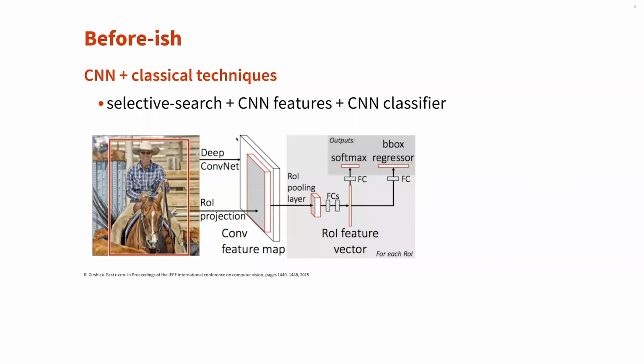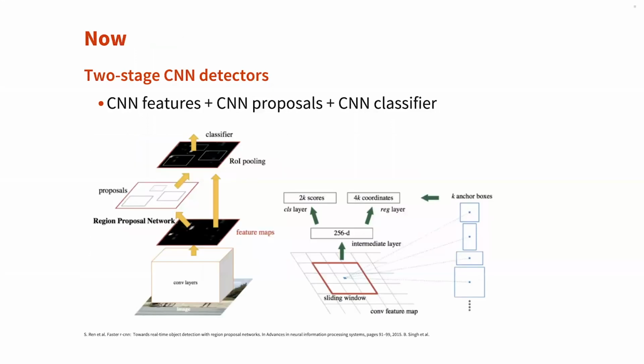So you send the proposed image part to the feature extractor, and then you use these features to compute probabilities of classes and to regress the correct boundaries for the bounding box. I mean, we've done 2 out of 3. Of course, you can imagine that the final step was to do 3 out of 3.